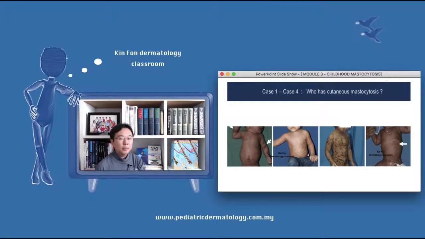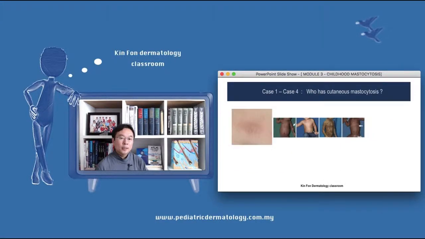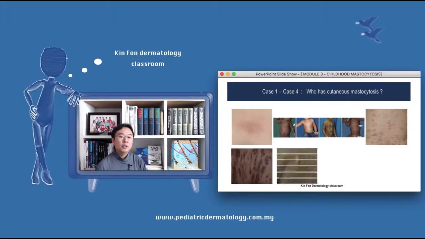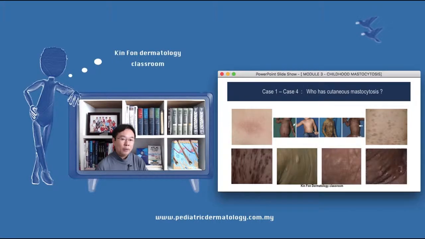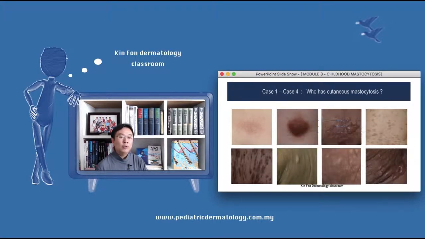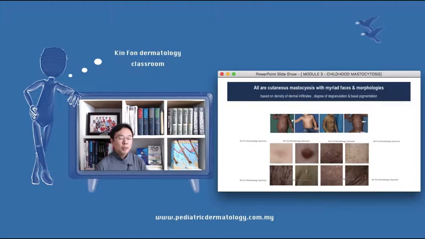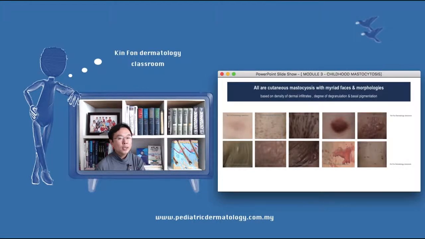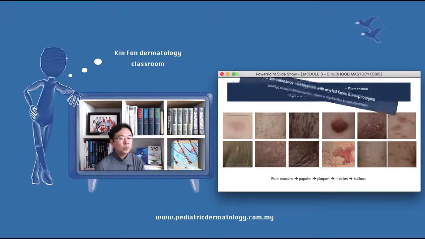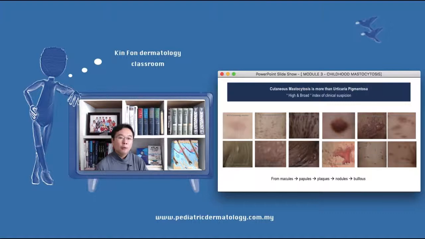In fact, some patients present with diffuse cutaneous involvement and bullous formation. So these are some of the morphologies that you might encounter in a patient with cutaneous mastocytosis. The morphological presentation ranges from macules to papules to plaques to nodules to bullous formation.